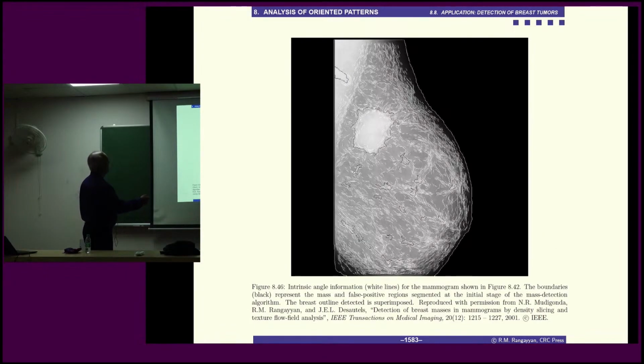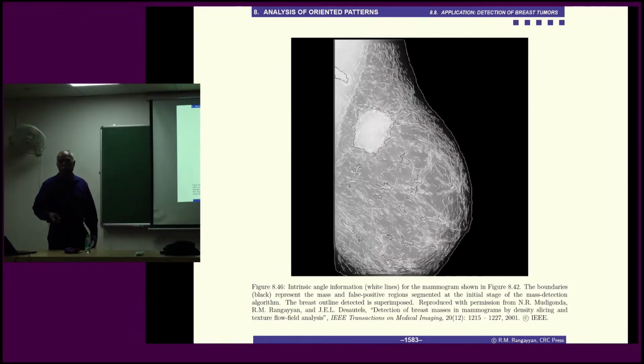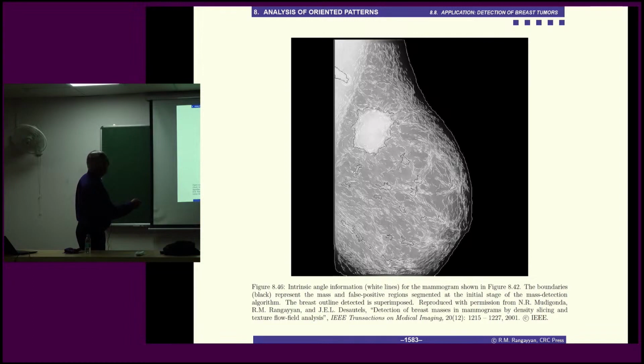There is one here which is inside the pectoral muscle, and we were told that could possibly be a lymph node affected by cancer, which is this tumor. And look at the orientation along the pectoral muscle. These lines go that way, the orientation of the gradient. And look also, in general, the tissues in the breast converge towards the nipple.